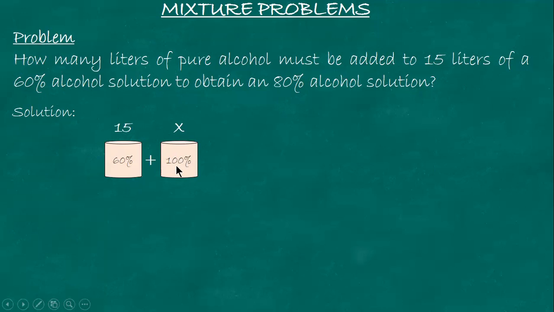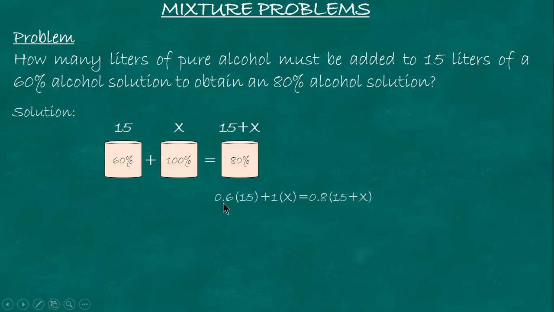What we are looking for is x. The result is 80%, but the quantity is 15 plus x, since you add x liters to the original 15 liters. Since you only have one unknown, use content: 0.6 times 15 plus 1 times x equals 0.8 times (15 plus x).